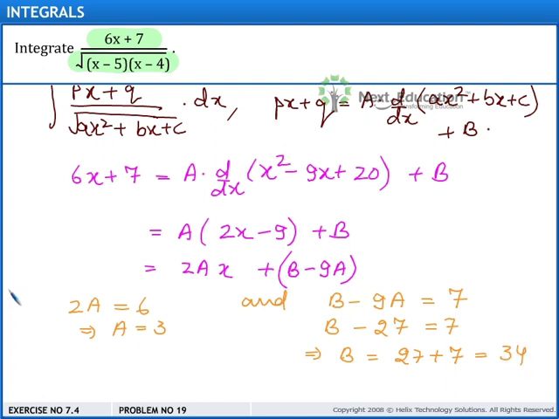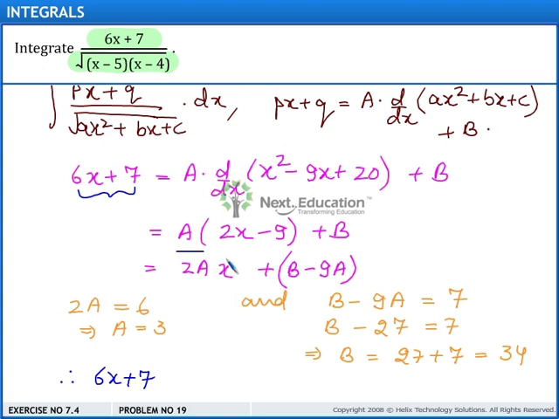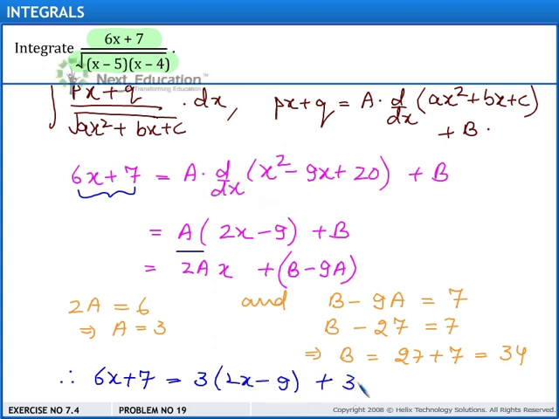Therefore, 6x + 7 can be written as a(2x − 9) + b, and a is 3, so we have 3(2x − 9) + 34.